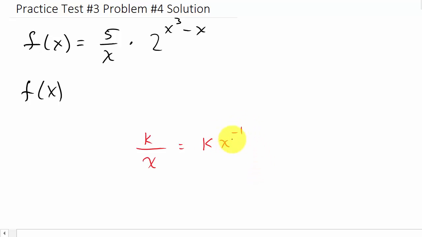And then if we took the derivative of this, well, the negative 1 comes down, so negative 1 times k is negative k times x, and then we would subtract 1 from the exponent, so that would be negative 2, and so that would be negative k over x squared. Okay, so that tells us that the derivative of the first function, the 5 over x, is just negative 5 over x squared.